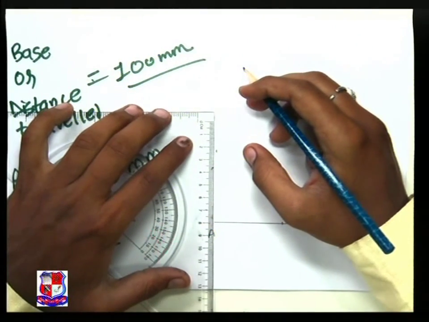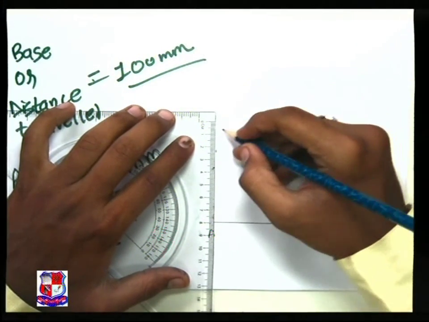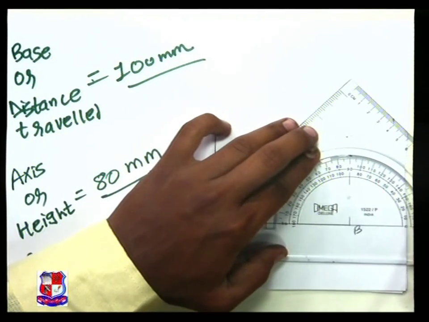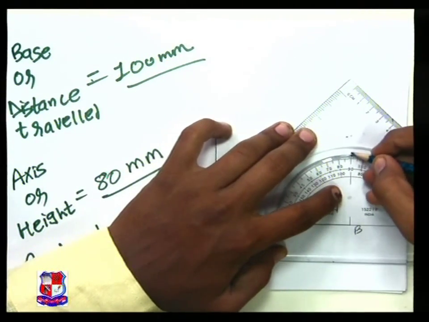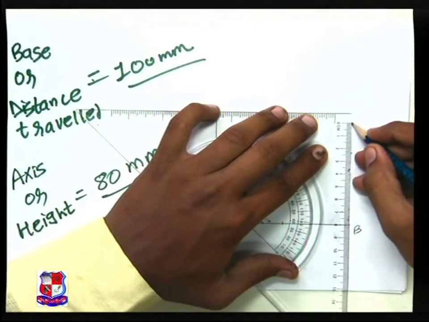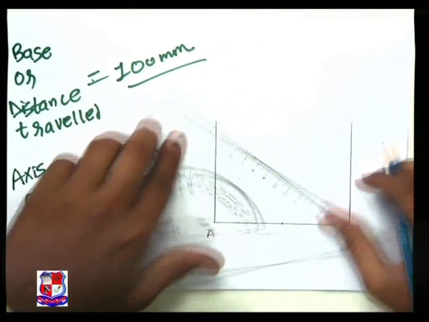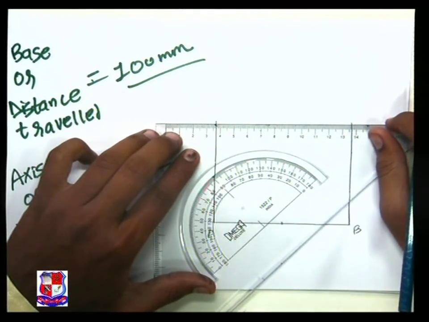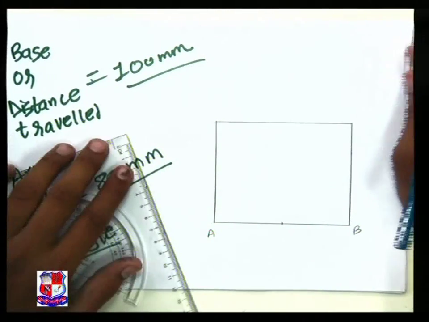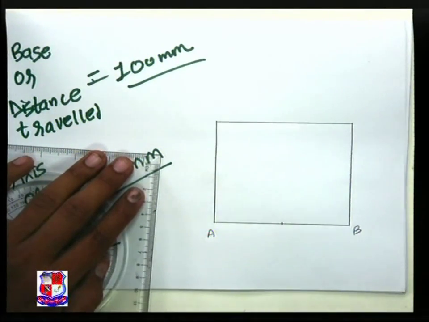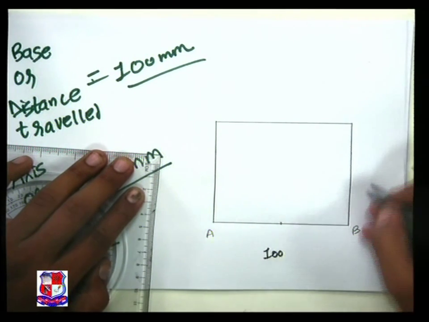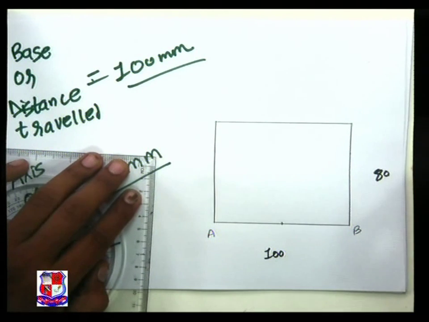Perpendicular to it, I'll draw the height of the parabola, that's 80 mm on both sides, from point A and from point B. Like this, we have got this. This is 100 and this is 80.